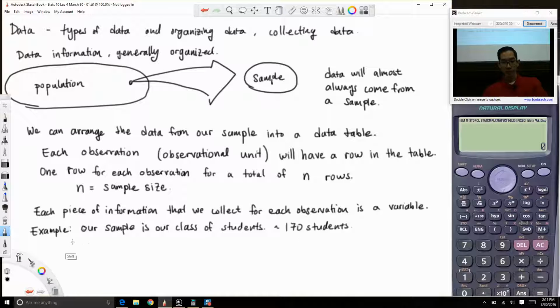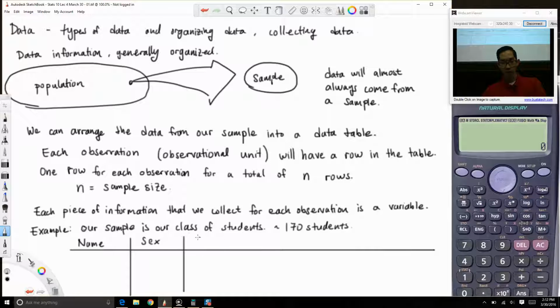And so we can say, we're going to gather pieces of information. So we'll look at your name for each student, your name, your sex, your height, and we'll say hand dominance.